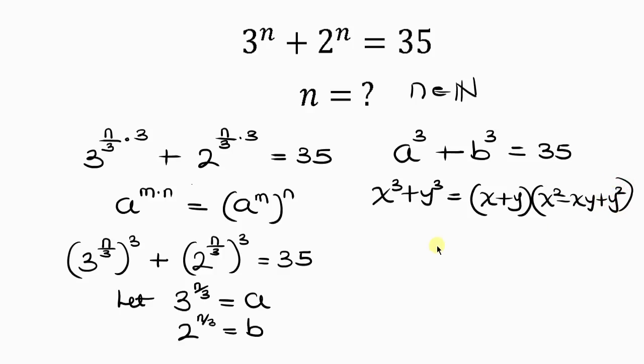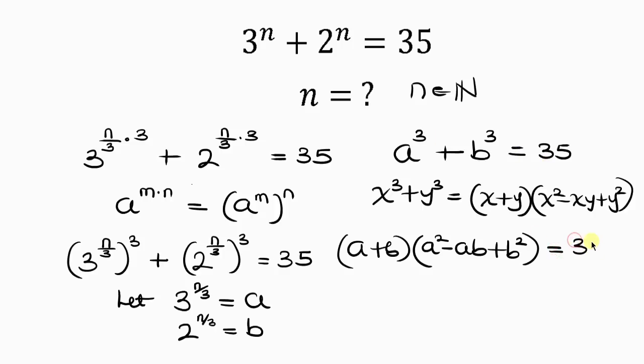Very good. So that means we can write this in this form. And writing it in this form, we have a plus b times a squared minus ab plus b squared, which gives this expression equal to 35.